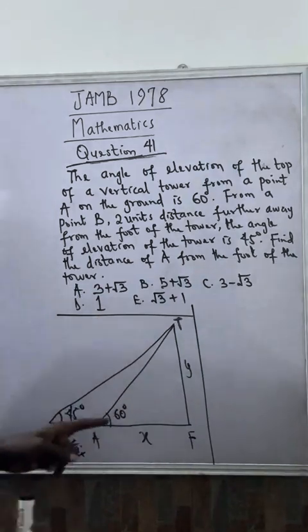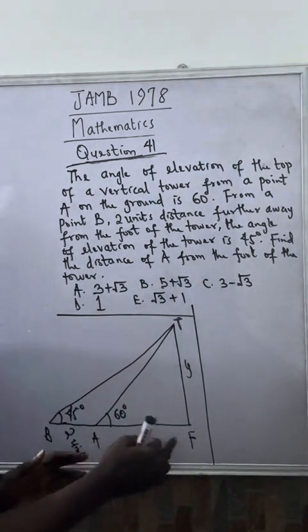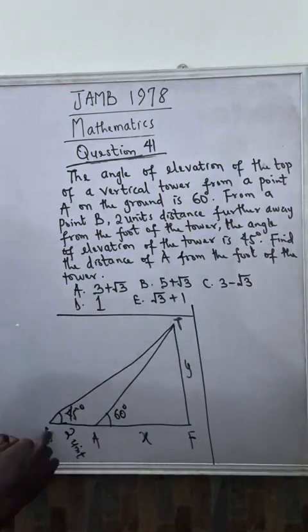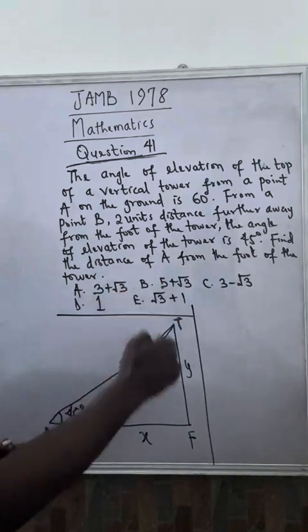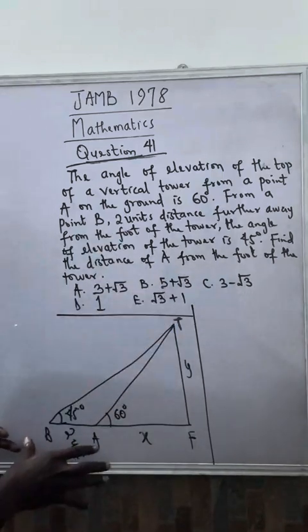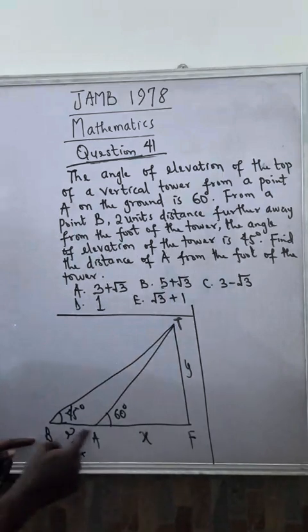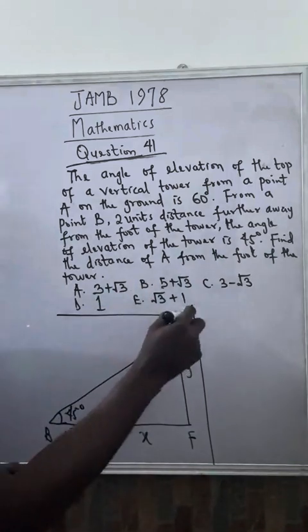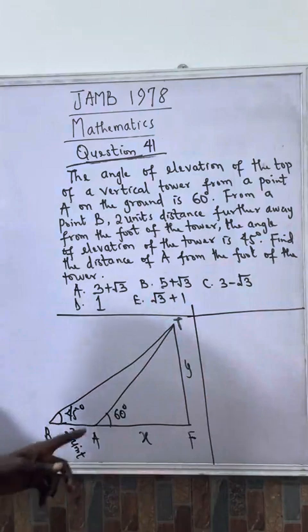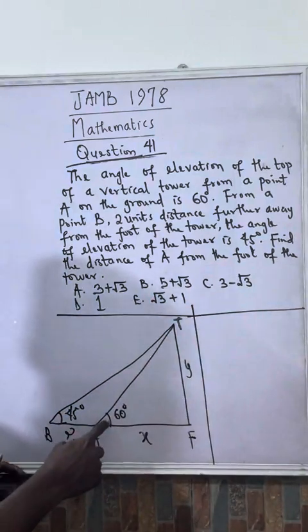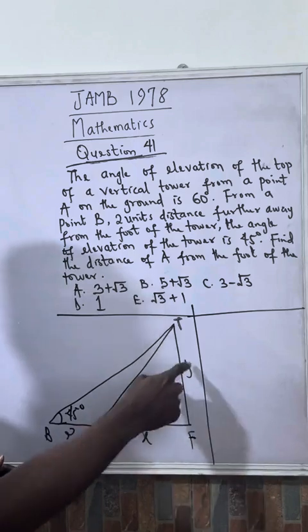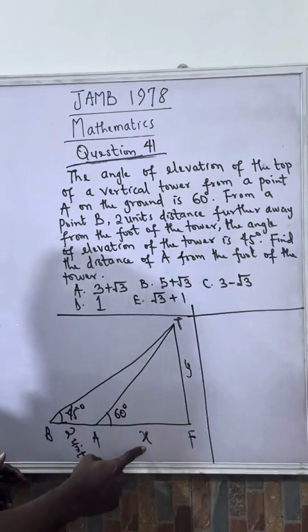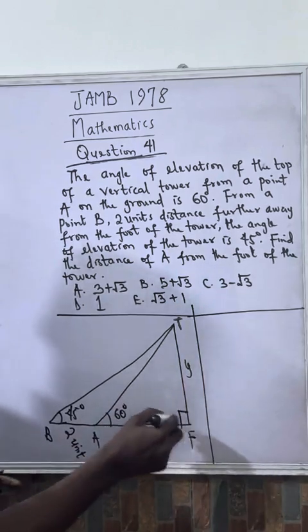Now, we want to calculate the value of X. There is a height that is common to both of these. So if I take tan 60, it will be opposite over adjacent, because this is a right angle triangle.